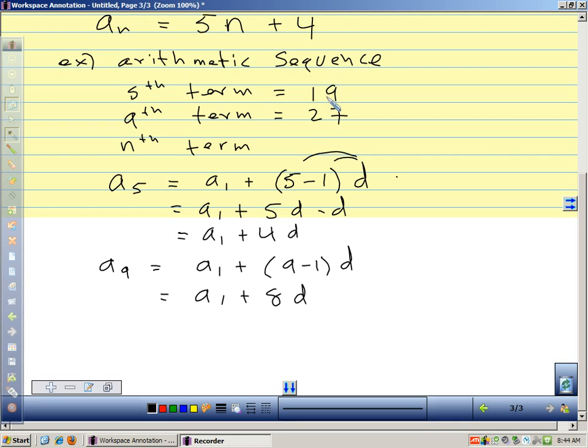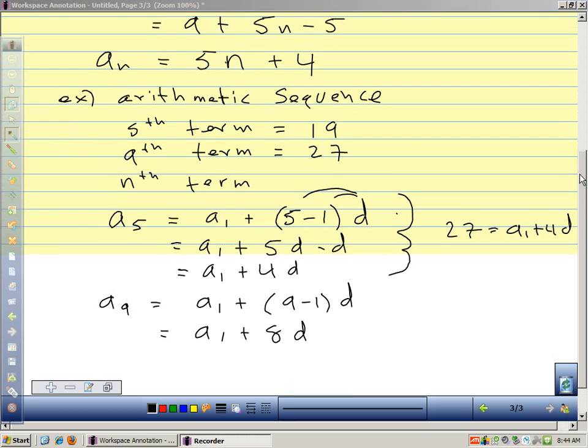And I know that the fifth term is 19 and the ninth term is 27, so from this set of equations I get 19 equals a1 plus 4d, and from the other equation, I get 27 equals a1 plus 8d.